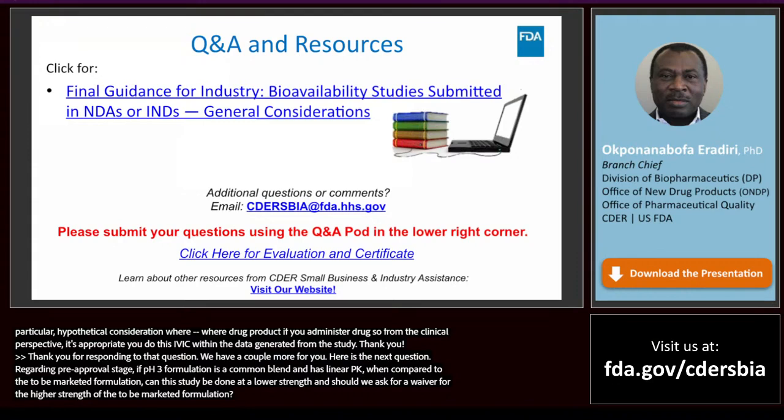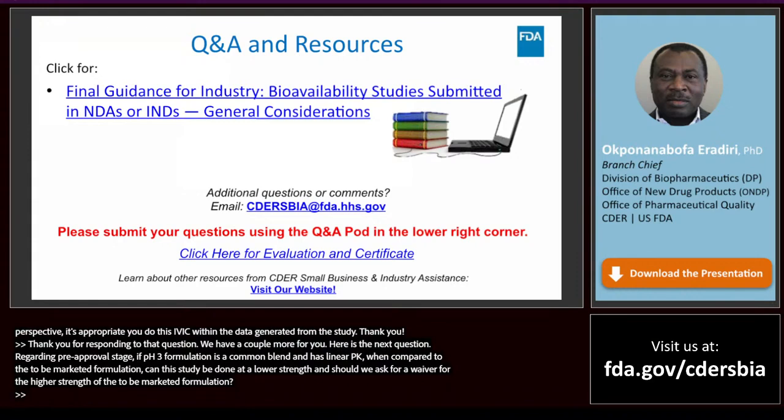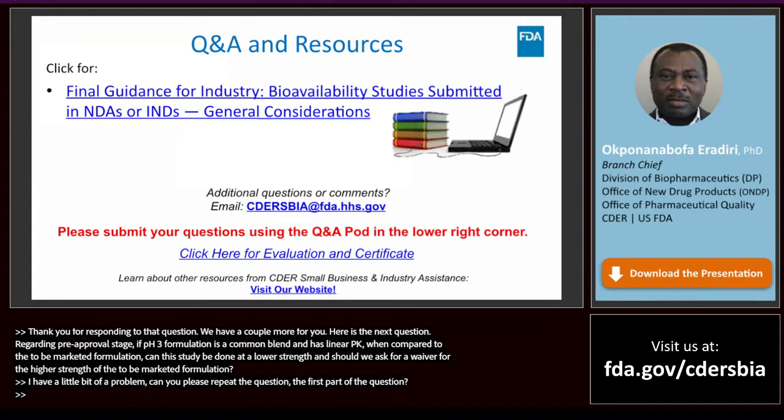I have a little bit of a problem here. Can you please repeat the question, the first part of the question? Yes, we'll repeat the question. The first part of the question references the pre-approval stage.